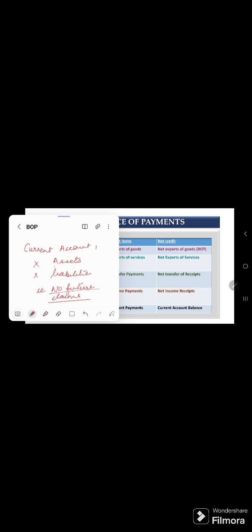This is important for the application kind of questions. Let us take some examples which will help us to understand that for all the components of the current account which we have studied, in their transactions with the rest of the world, whether we are supposed to put them on the debit side or on the credit side.